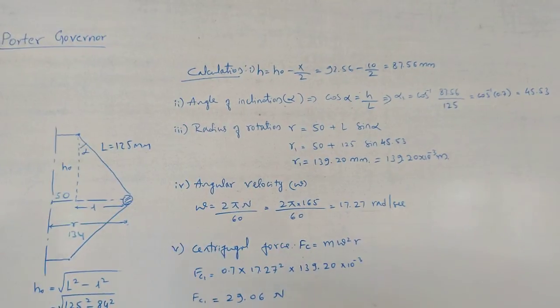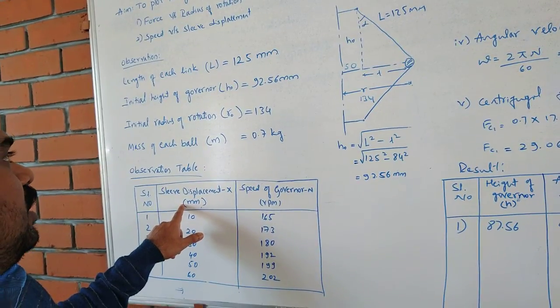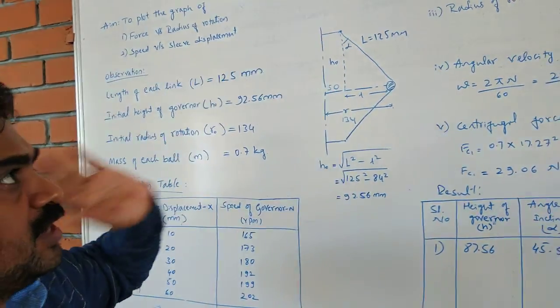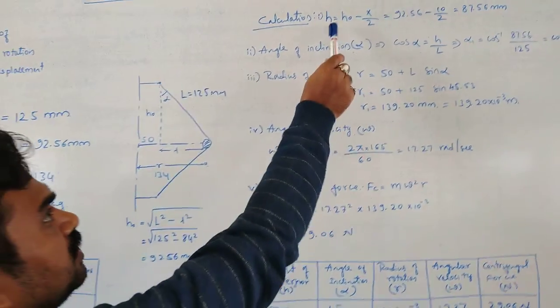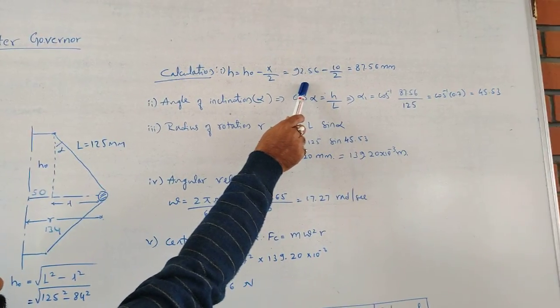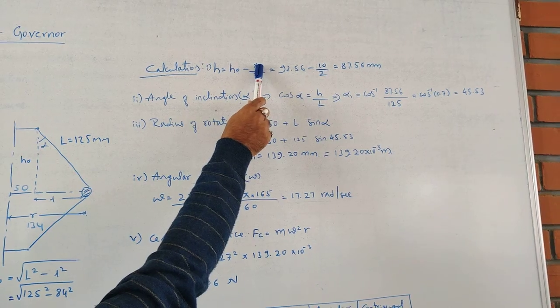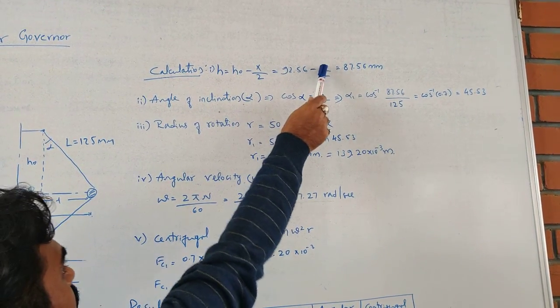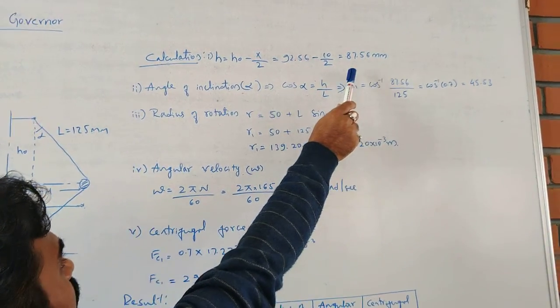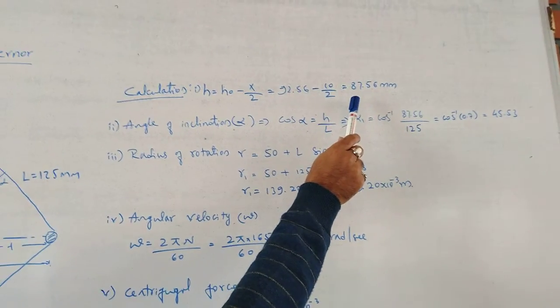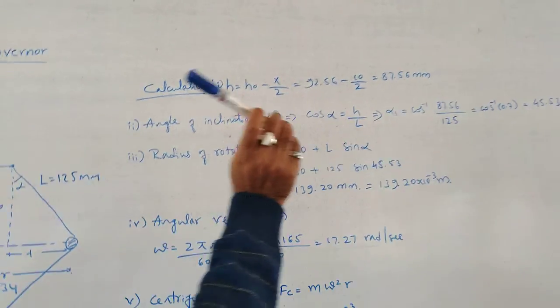X is the displacement, and h naught is the initial height of the governor, which is 92.56. Displacement for the 10 mm is 10 by 2. So we get the height of the governor as 87.56 mm.